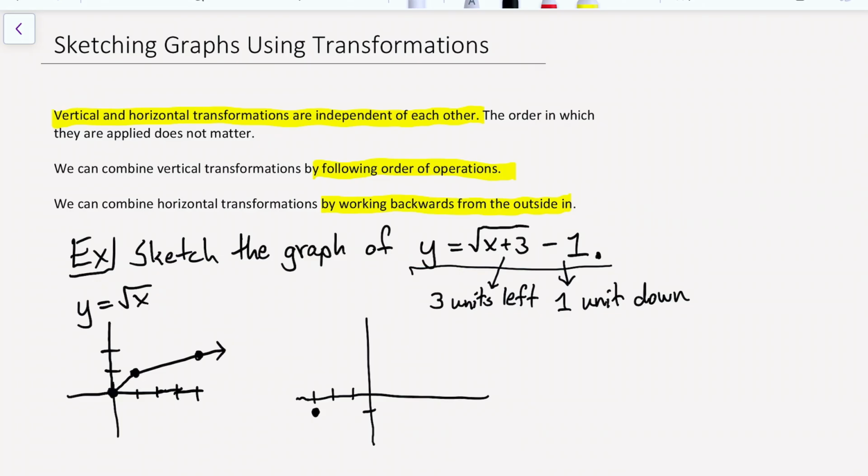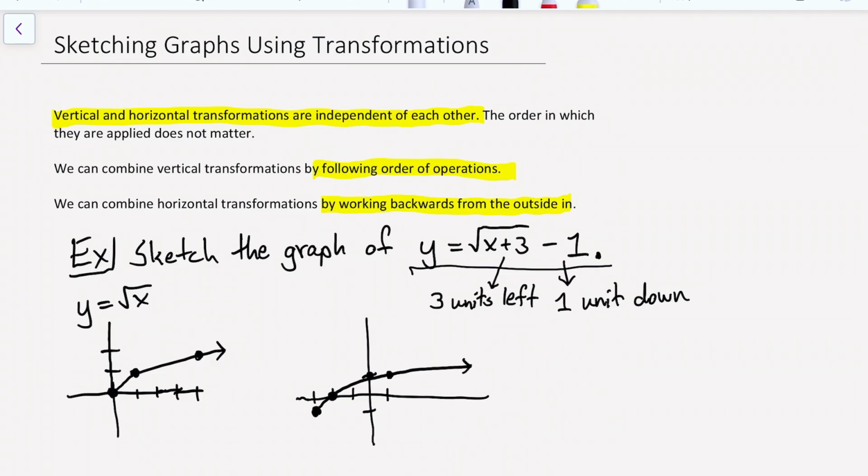Instead of (1, 1), I will now have (-2, 0). And instead of (4, 2), I will now have (1, 1) right here.